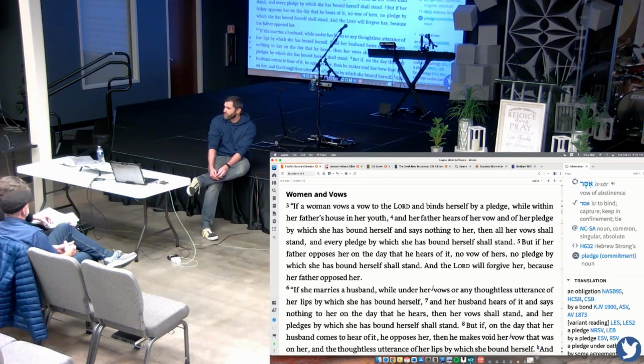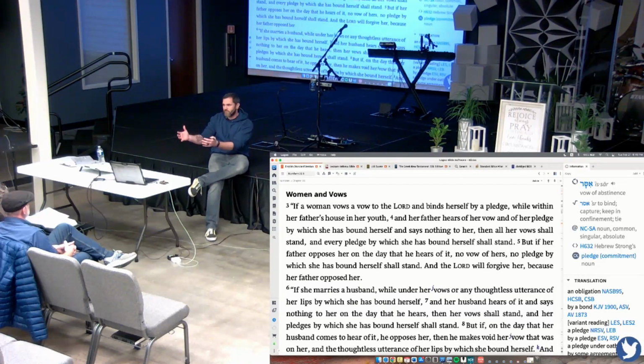So her father has the ability to oppose. In verse 5, if her father opposes her, on the day he hears of it, no vow of hers, no pledge by which she has bound herself shall stand. And Yahweh will forgive her because her father opposed her. So if I just take that at face value, what I'm seeing is that a young woman can't ruin her future.